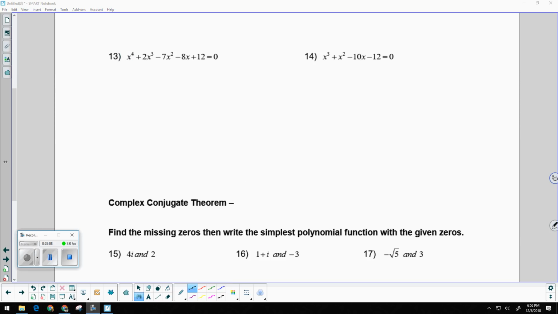Okay, now let's take a look at number 14. If I were to generate my P's and Q's, here's what I would have: plus or minus 1, 2, 3, 4, 6, and 12. So again, here we would choose, it's just a guess, I'm going to choose -3 again and use synthetic substitution: 1x cubed, 1x squared, -10x, -12.